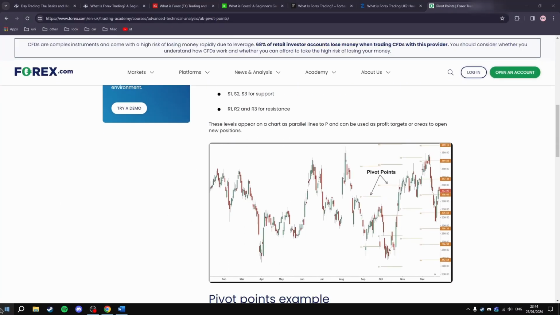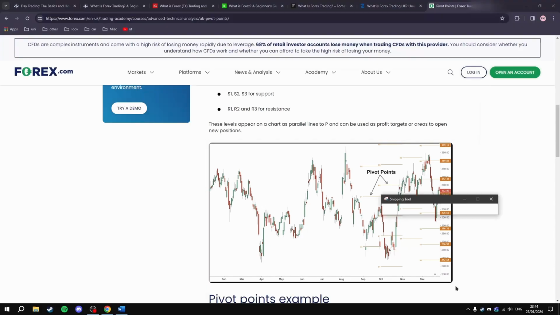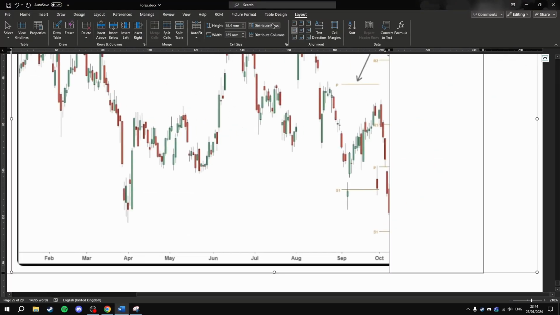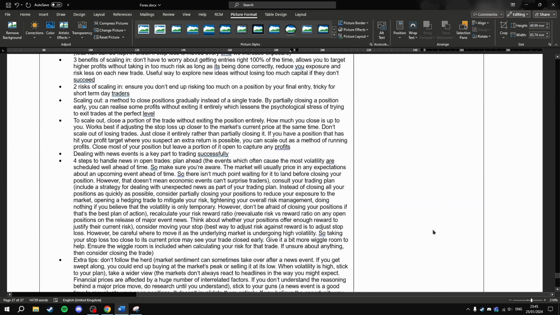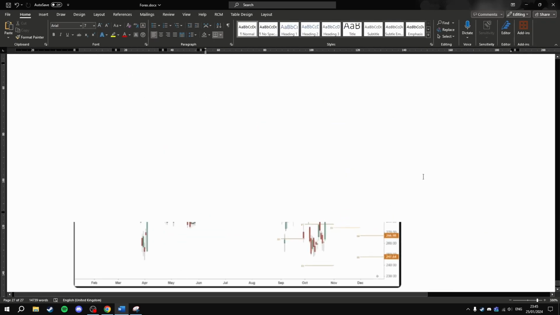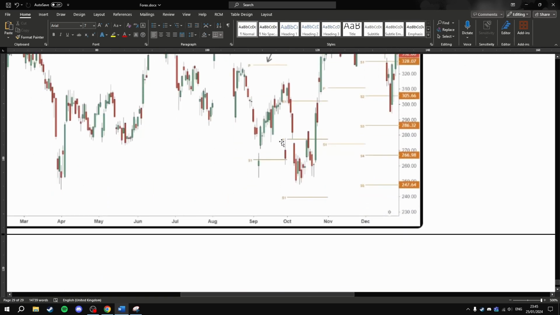And let's get this beautiful diagram in here. I want to see more detail of what this is showing, so zoom in for a bit. Okay, resistance 1, resistance 2, resistance 3.